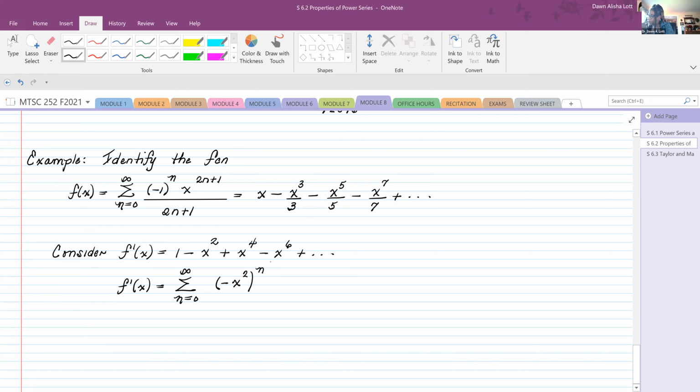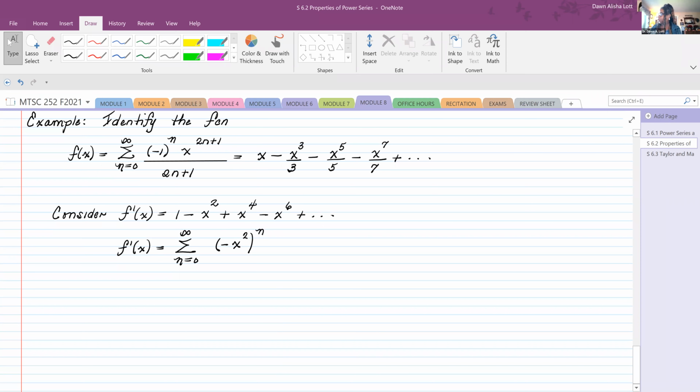So let's see, if n is 0, I get 1. If n is 1, I get negative x squared. That looks good. If n is 2, I get x to the 4th. So that looks right.